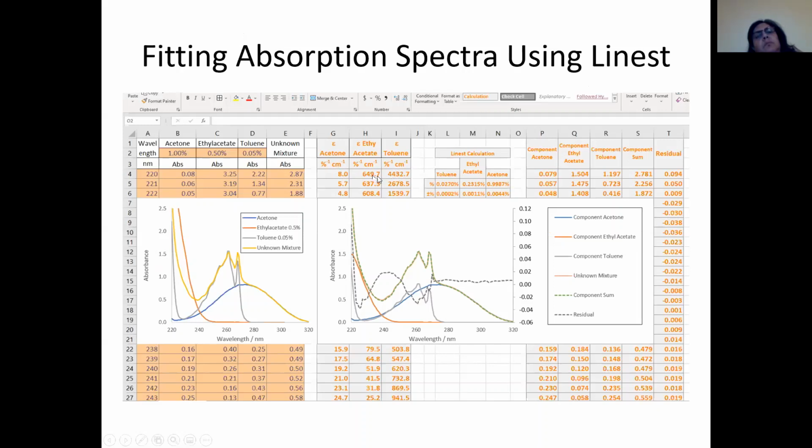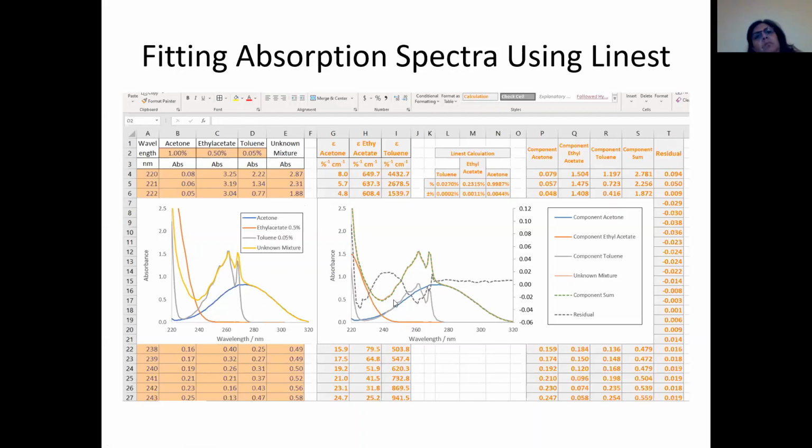And these epsilon spectra will then be multiplied by these values to produce a spectrum that looks almost exactly like this unknown mixture spectrum. So on this side here, what we have are the modified, now these are component spectra, right?